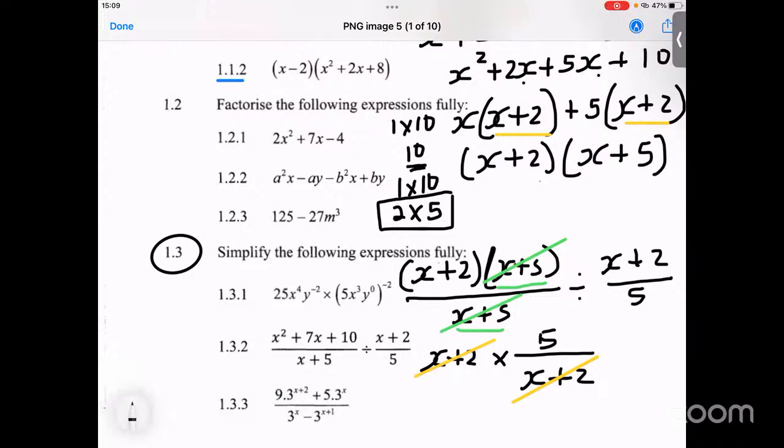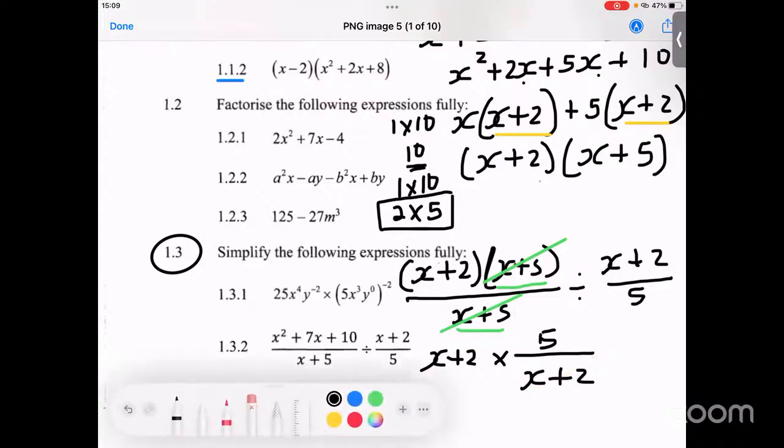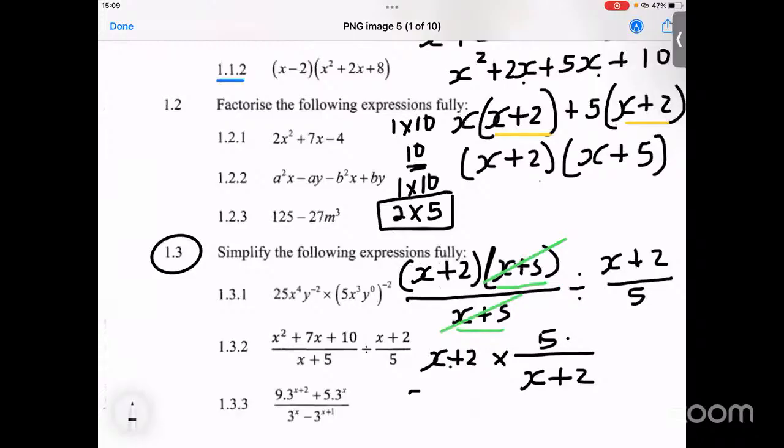Because if maybe you don't want to cancel too early, let me show you how it will end up looking. So this 5 will multiply the whole of that. So you end up having 5 multiplying that over that plus that.